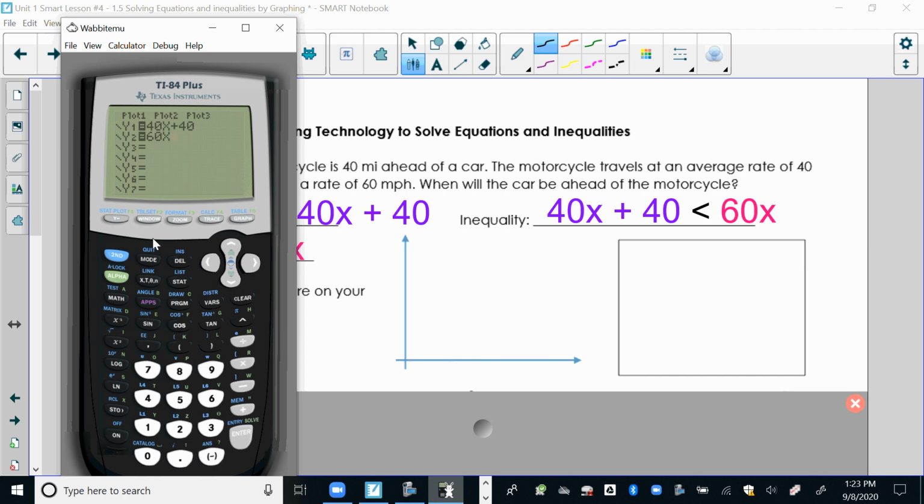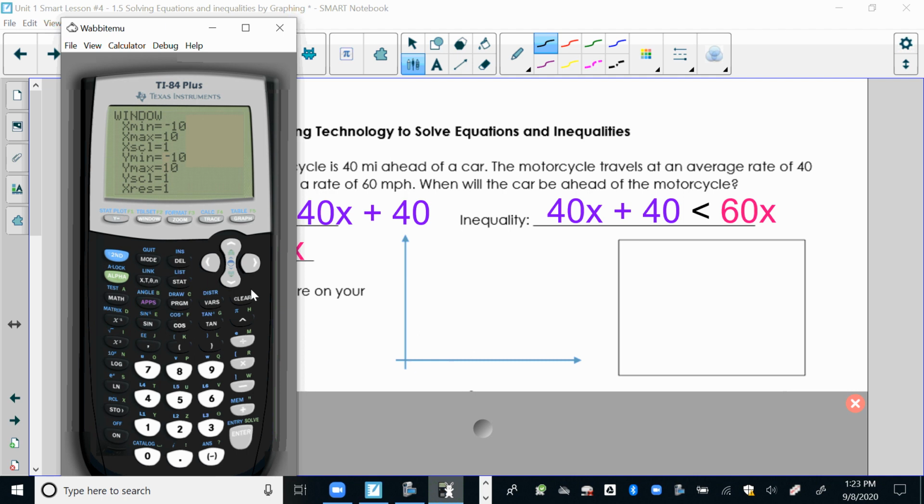So what I'm going to do instead is change my window. I'm going to leave the x min and x max because I don't think this is going to take longer than 10 hours to catch up, but I'm going to change my y min and my y max quite significantly.